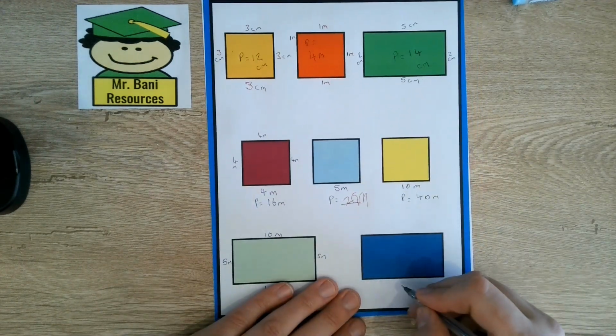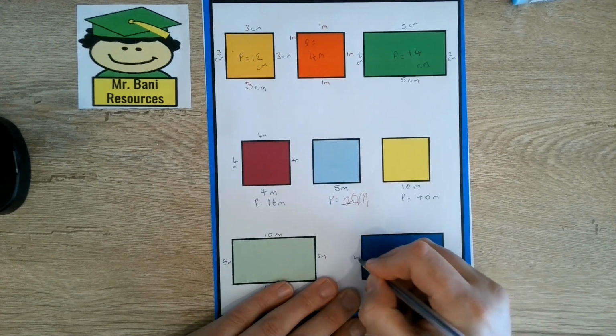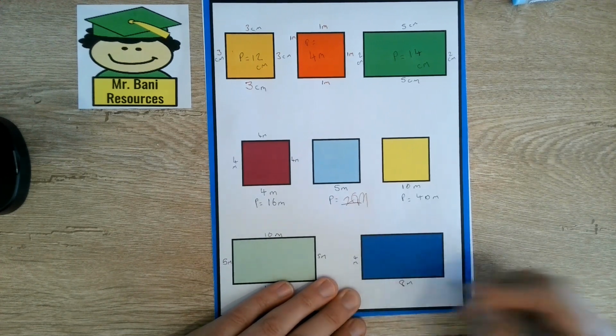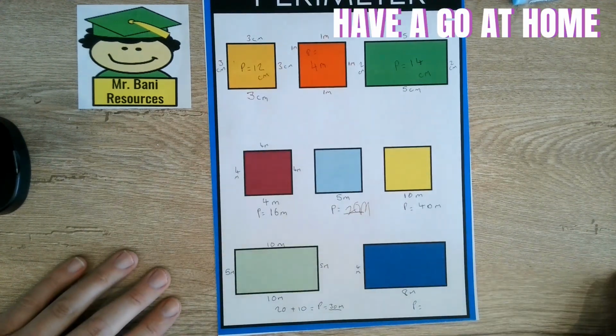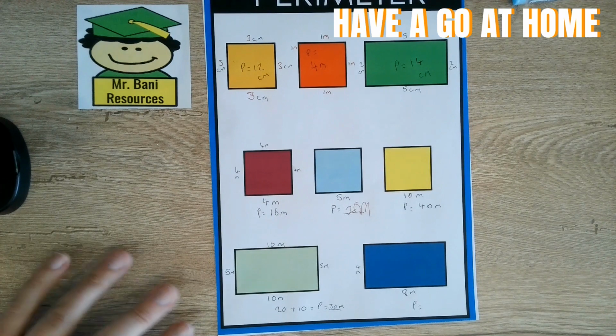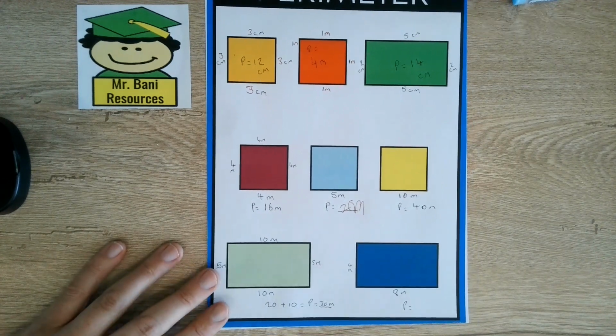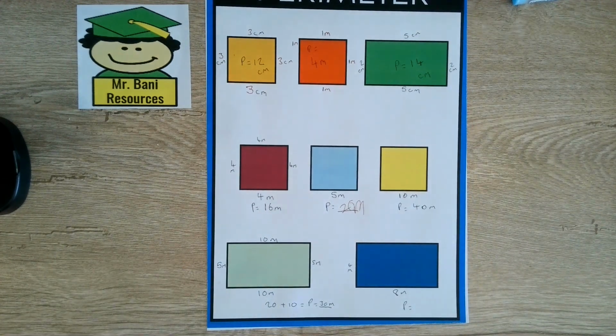All right, same for this one. If I say this side is 8 and this side is 4, can you work out the answer for me? Perimeter equals what? Let's have a look what you say. If you just want to write P equals, I'll come round and have a look. You're too quick.